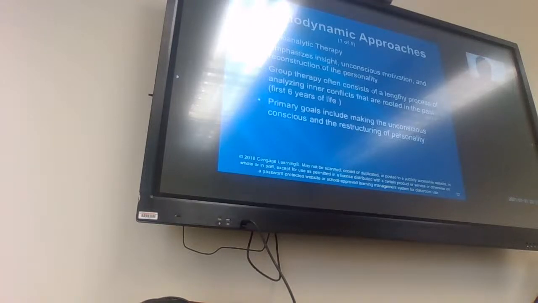So the emphasis on insight, or exploring the unconscious, or reorganizing one's personality structure, all of these are useful. Now, when we talk from a psychoanalytic point of view, many times these groups go on for long periods of time. So it's not necessarily short-term solution-focused therapy. You can be in group therapy for years.